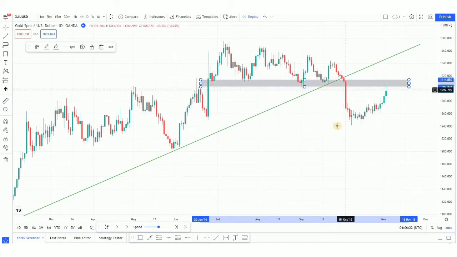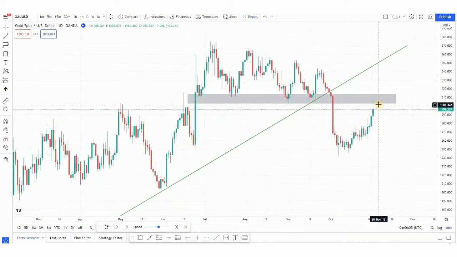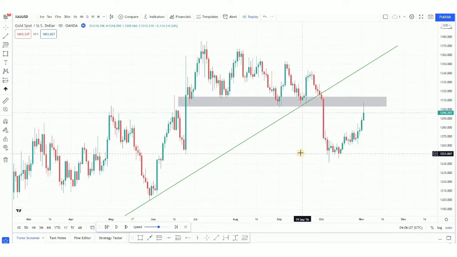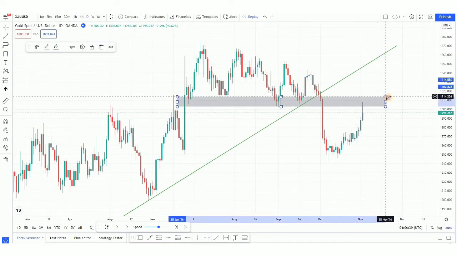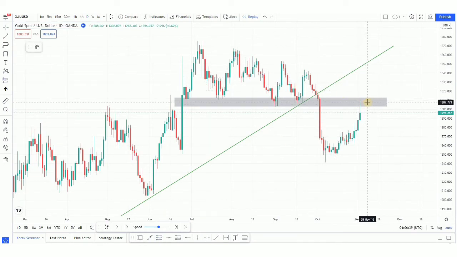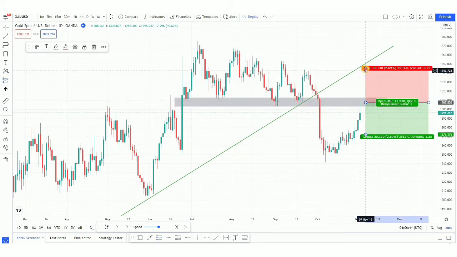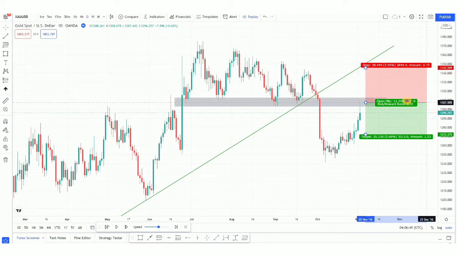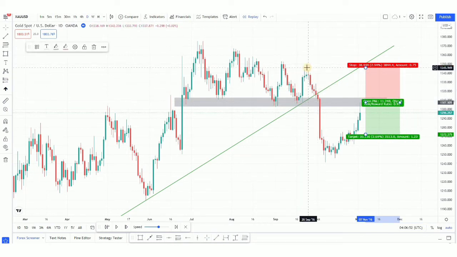And we can see that price has come all the way to test the zone. So I'm going to enter this trade. I'll be taking a short position from here. I'll put my stop loss slightly above the high of this, just in case the price comes all the way to touch the trend line in reverse.